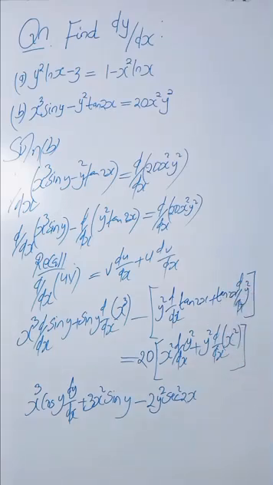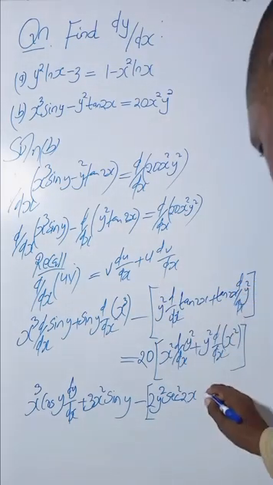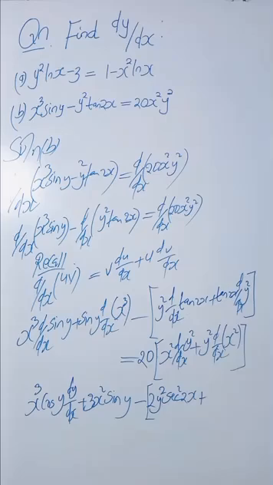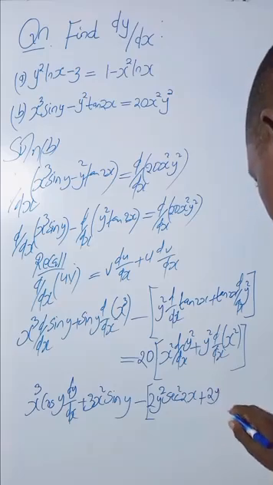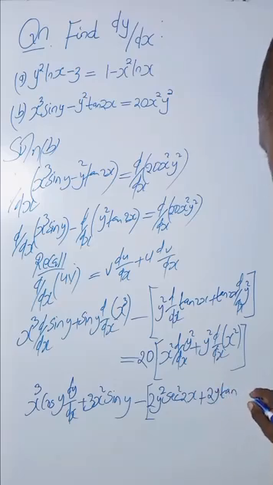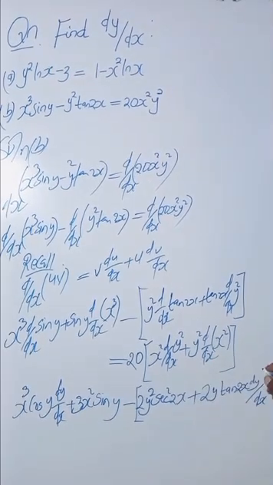Then this minus sign, let's maintain that square bracket here, so that here we can add differentiating y squared, this will give us 2y, then it will be tan 2x. Close the bracket here. That's our left hand side.